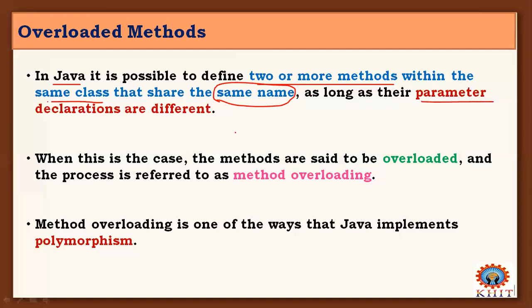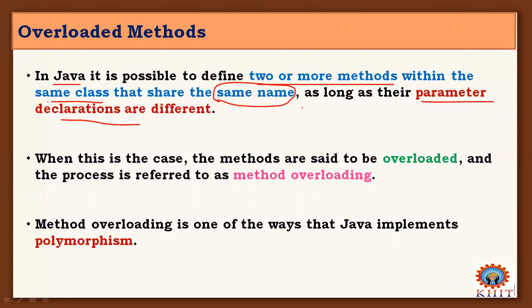about their parameter declarations. So here, in overloading methods in Java, these methods share the same name, but their parameter declarations are different.